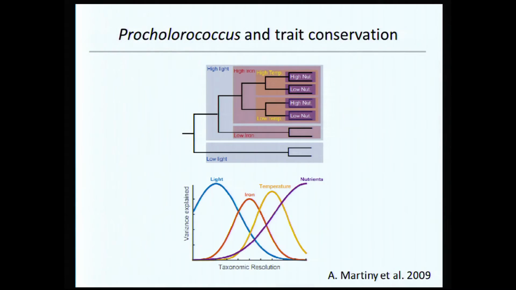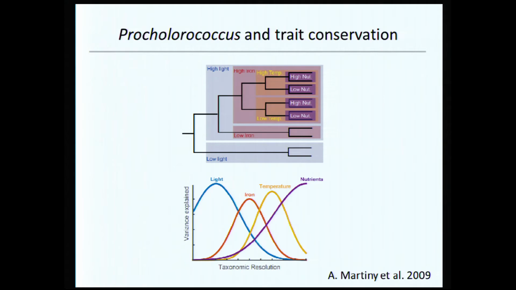And this agrees very well with what is seen in biogeographic patterns. Again, using an example from Adam Martiny, he varied the taxonomic resolution at which he was looking at his samples of Prochlorococcus. He was using the ITS region, which was able to get very fine scale resolution. And only at the finest scales could he see that nutrients were the most important in explaining the variation across his samples.